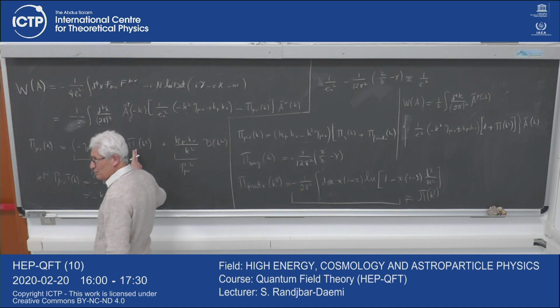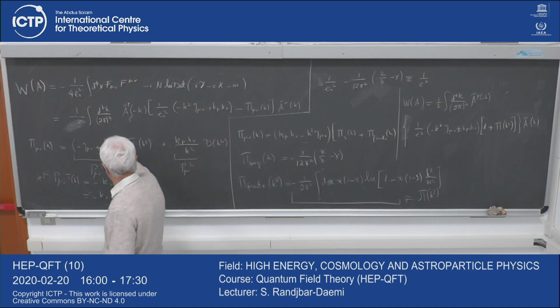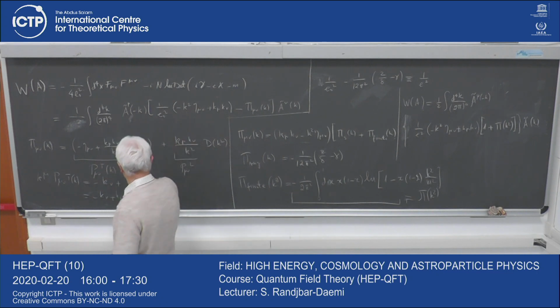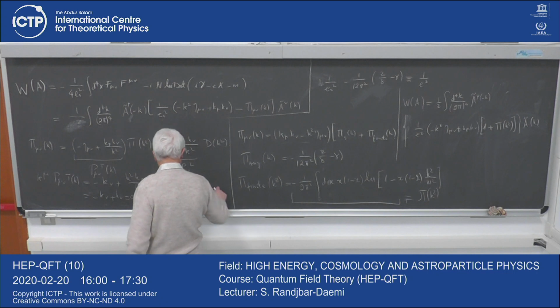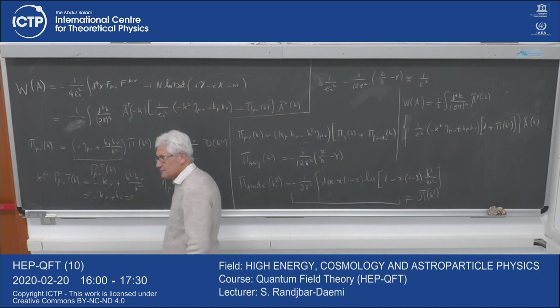I didn't tell you what this pi is. I'm talking about the relative sign of eta mu nu. You could write it as eta mu nu times pi of k squared plus k mu k nu divided by k squared, not pi. Call this d1 and call this d2. Okay.